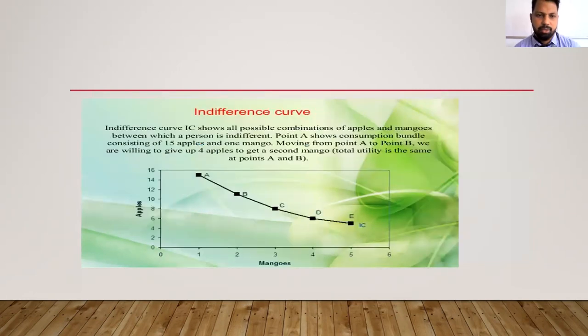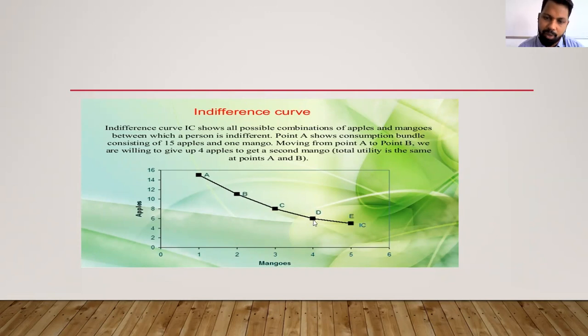So this is the indifference curve. The same indifference schedule is represented in the form of a diagram where on the x-axis we measure mangoes and on the y-axis we measure apples, and we plot the values A, B. Here you can see 15 apples and 1 mango, then B, C, D, E. All the points on the indifference curve show the same level of satisfaction.